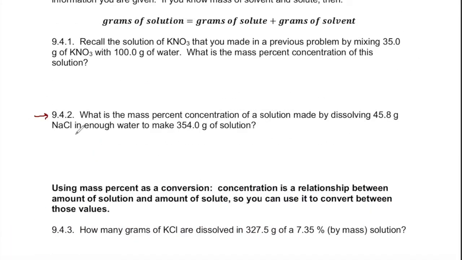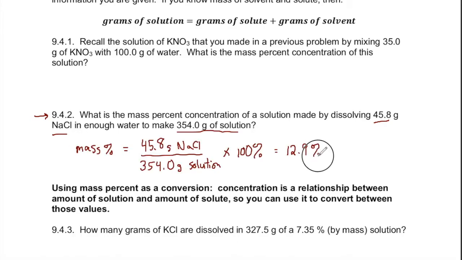All right, for this problem over here, you are told the amount of solute and you're told the amount of solution. So instead of water, we know that the entire mixture together is the 354 grams. So this time we are able to use the mass of solute in the numerator, 45.8 grams sodium chloride, and the mass of solution, 354.0 grams of solution, is already given to us.